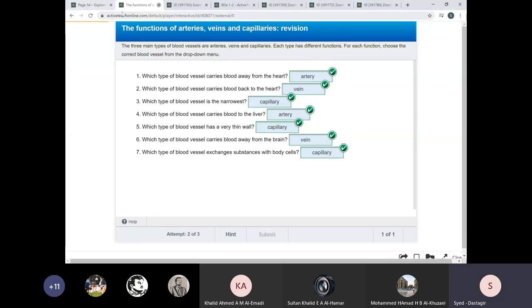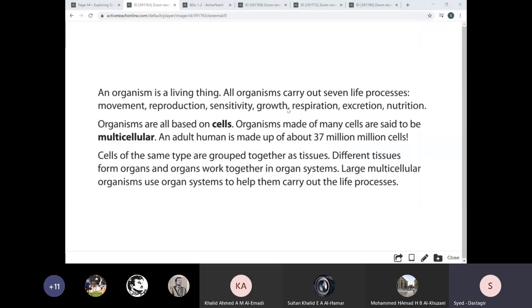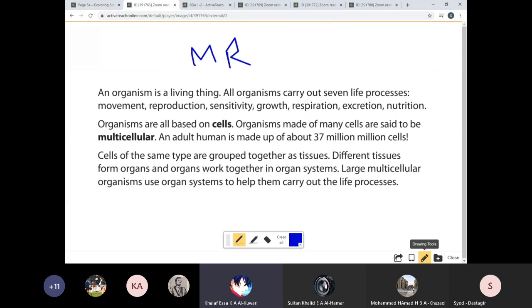Hang on a second. Let's just get rid of this. Okay, so can I ask Khalif, please, to read? An organism is a living thing. All organisms carry out 7 life processes. Movement, reproduction, sensitivity, growth, respiration, excretion, and nutrition. Organisms are all based on cells.